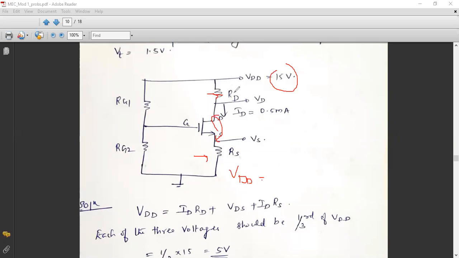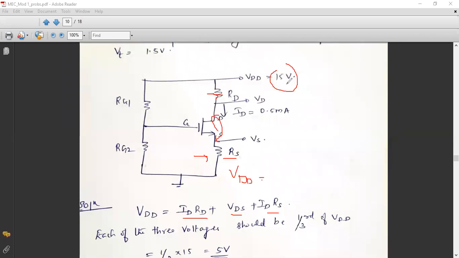If you take this loop, VDD is equal to the voltage drop across RD, which is ID into RD, plus the voltage drop across RS, which is ID into RS, plus the voltage across the drain and source, that's VDS. So the supply voltage VDD is divided among three components: RD, RS and the drain source terminals.